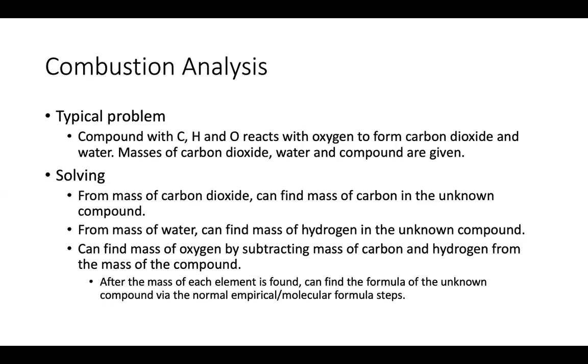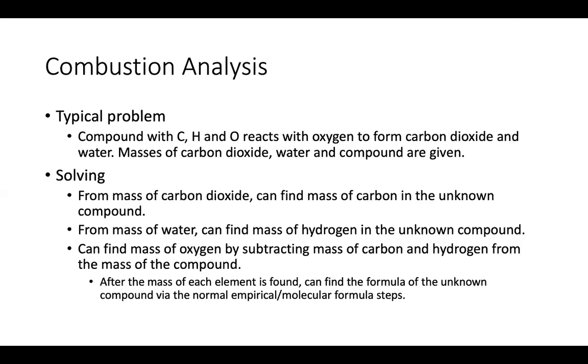So from the mass of CO2, you can find how many grams of carbon are in our unknown compound. Now, using the mass of water formed, we can do the same thing for hydrogen, right? So using water, we will find the mass of hydrogen in the unknown compound.